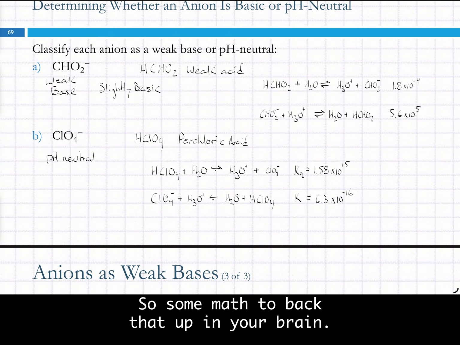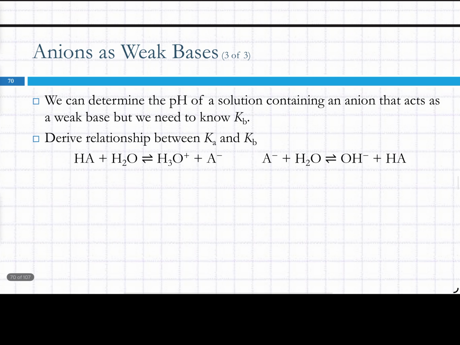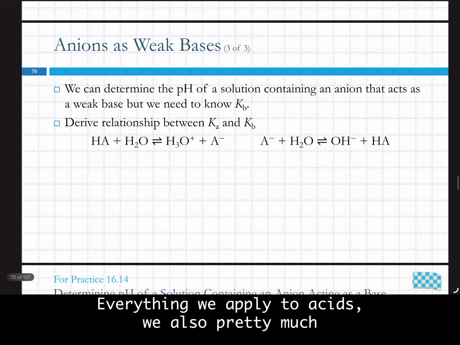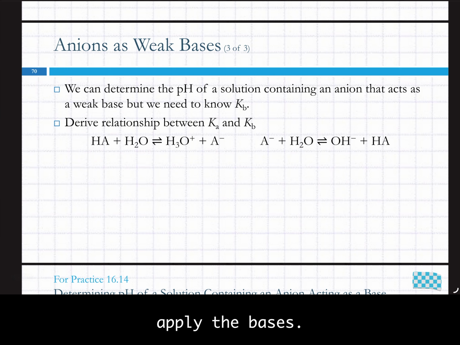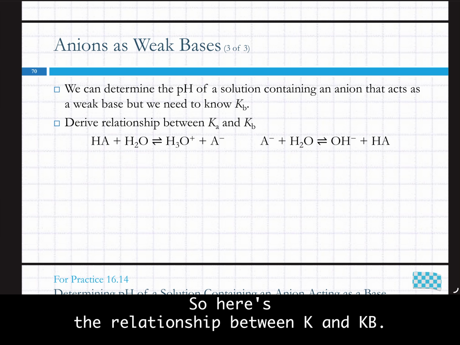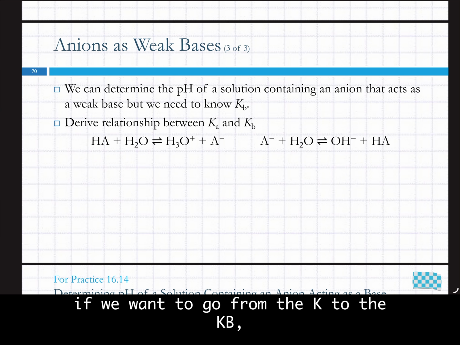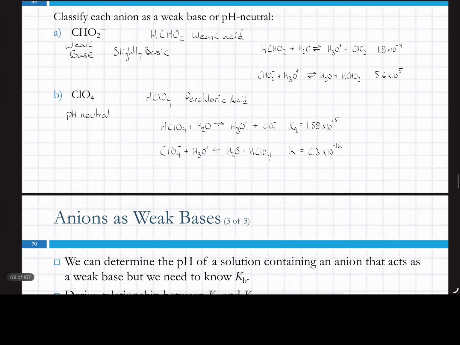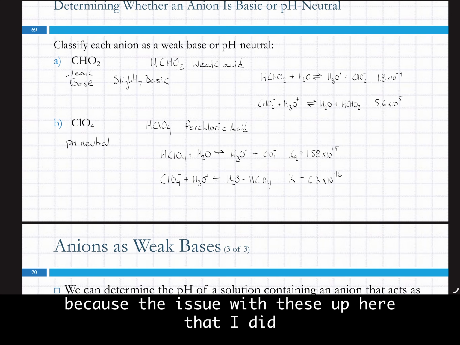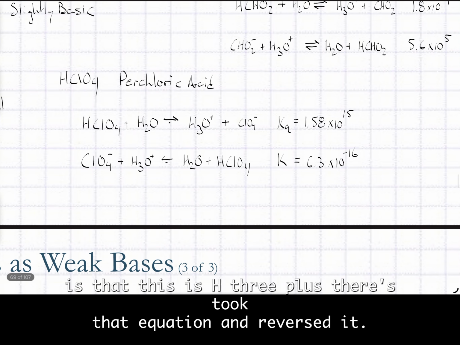So some math to back that up in your brain. Everything we apply to acids, we also pretty much apply to bases. So here's the relationship between Ka and Kb. When we want to go from the Ka to the Kb, the issue with these up here that I did is that this is H3O+.